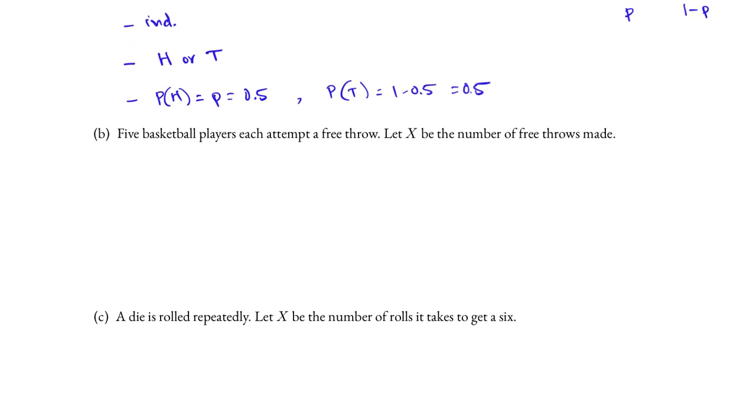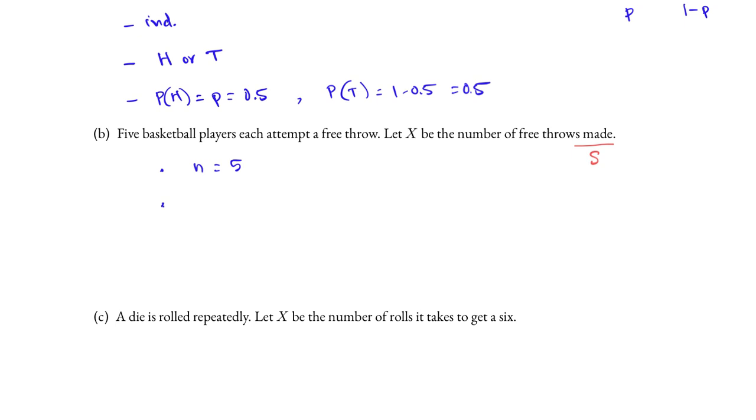B. Five basketball players each attempt a free throw. Let x be the number of free throws made. If they made it, it is a success. Is there a fixed number of trials? Yes, n equals 5, five throws. Are they independent?